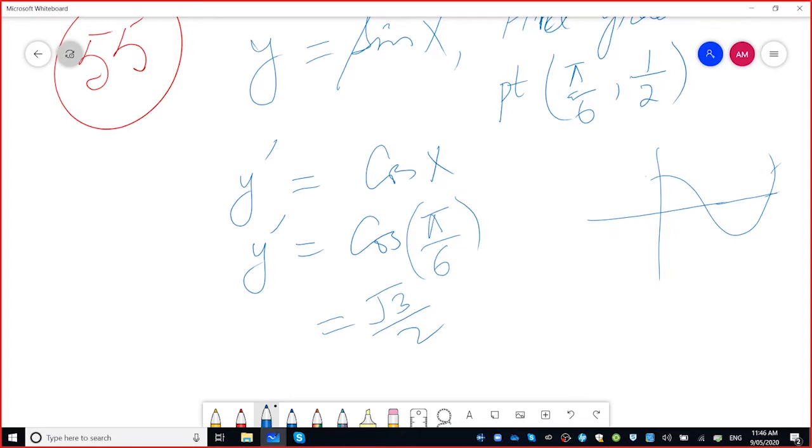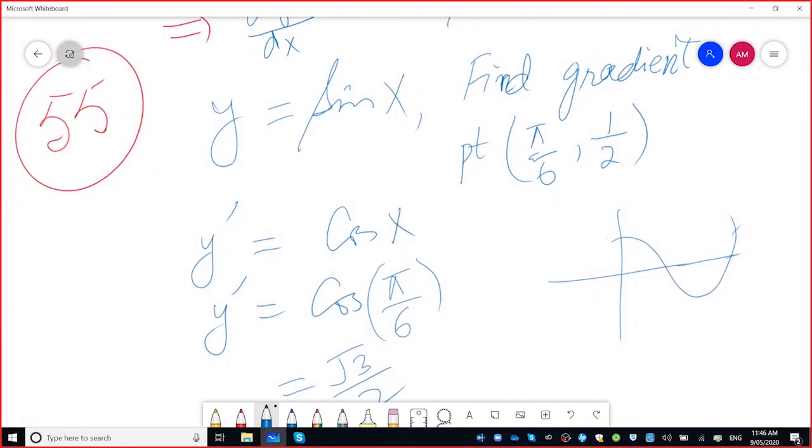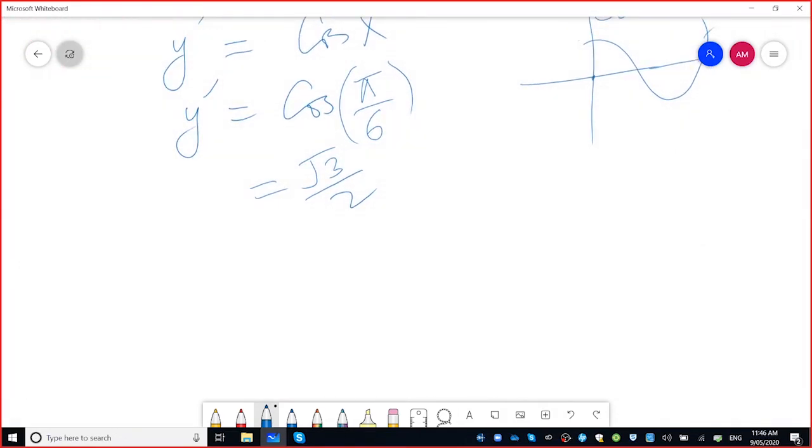So at the start, do you understand what is the difference? It says at pi over 6, the value is half. Oh, sorry, this is not the sine curve. I drew a cos curve. So this is cos x, and the sine would be something like this. Do you know the difference of them?